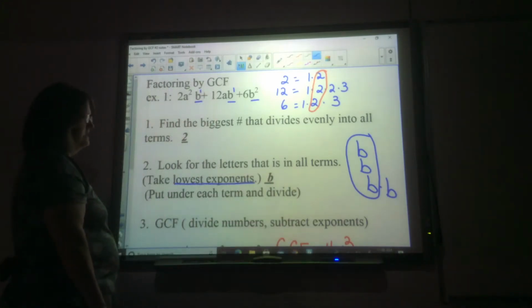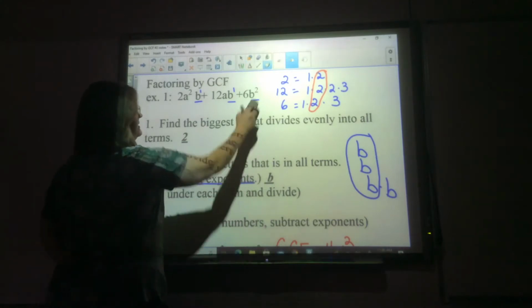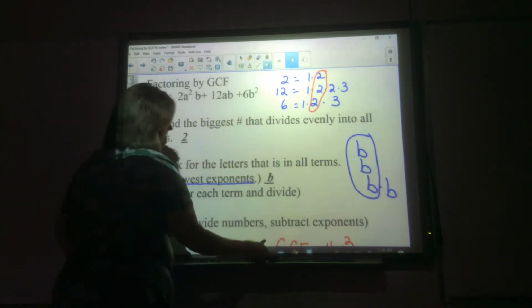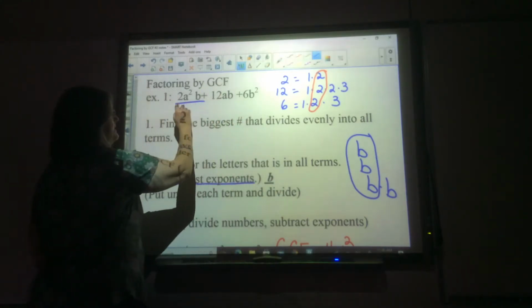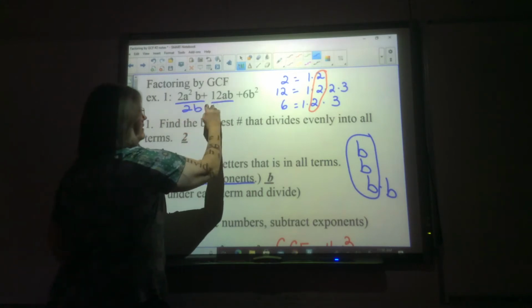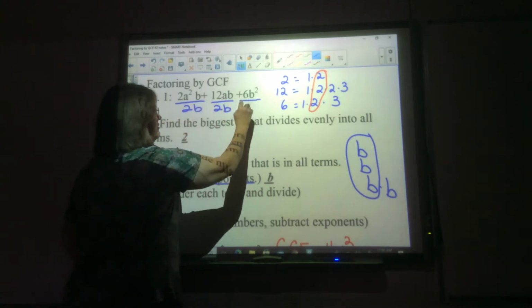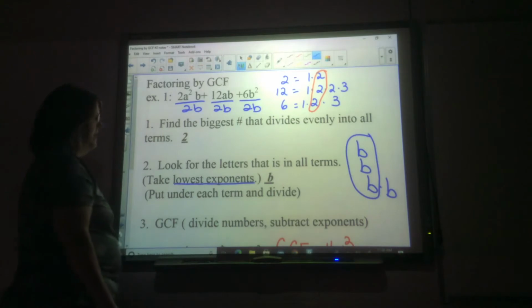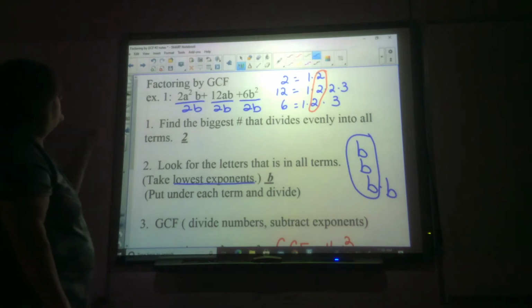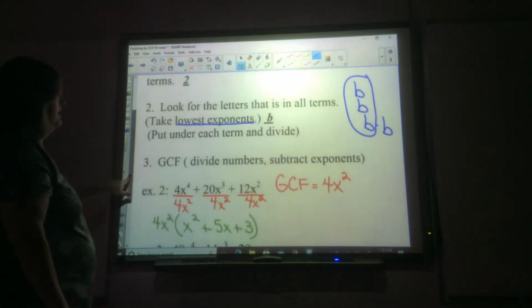So what I then do is I take this problem and I divide it through by 2B. I just put it under each term, and I divide 2B out, and when I do, I get my answer.